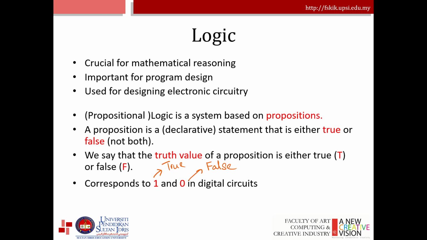Propositions are equal or logically equivalent if they always have the same truth value. P and Q are logically equivalent if P is true whenever Q is true, and vice versa, and if P is false whenever Q is false, and vice versa. If P and Q are logically equivalent, we write P equivalent to Q.